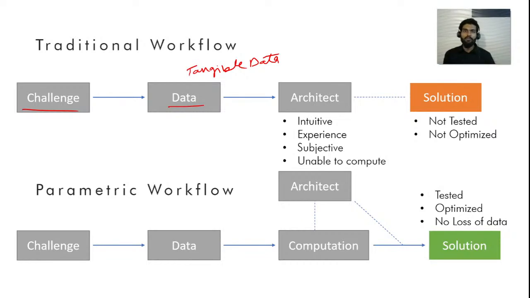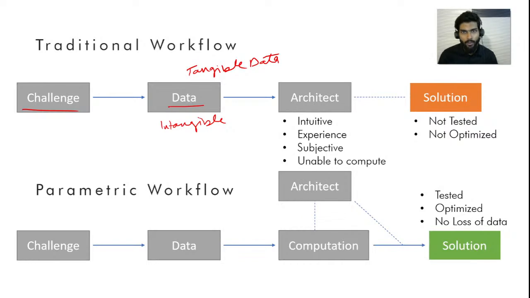And along with that, we also collect some intangible data. Intangible data would be the narrative behind the design, the concept or the emotion behind the art, or the requirements of the clients, the feeling of the clients, the feeling of the architects, the story that the architect wants to convey through the design.